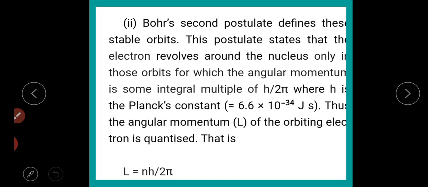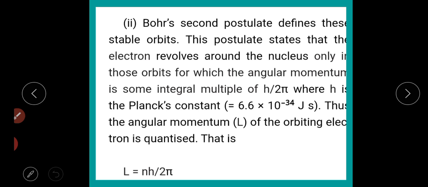Secondly, we have the second postulate of Bohr. In the second postulate, it gives the definition for the stable orbits we studied in the first postulate. The second postulate of Bohr explains the angular momentum of the electrons.